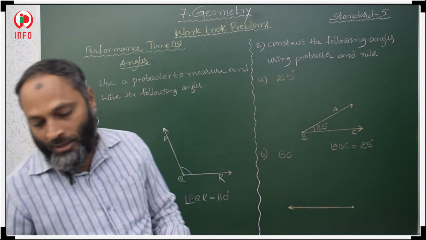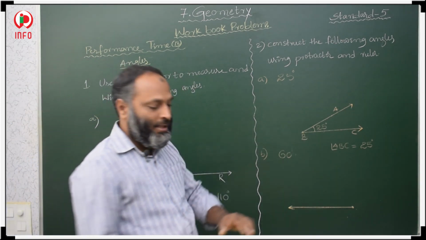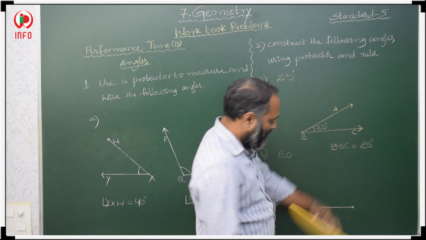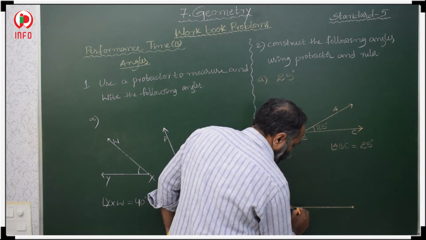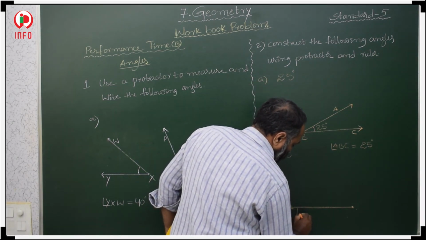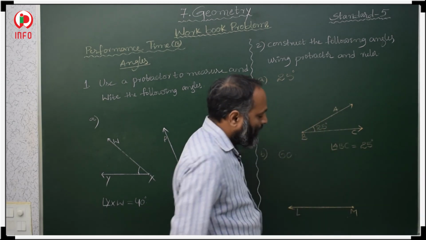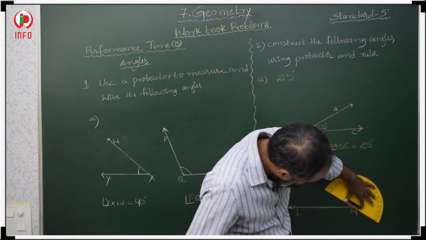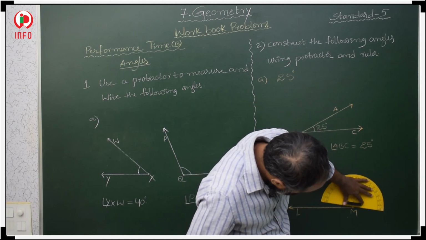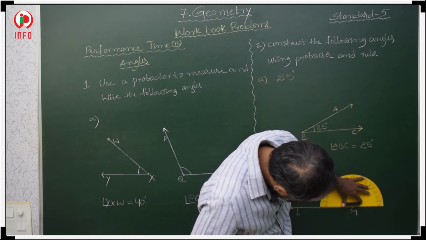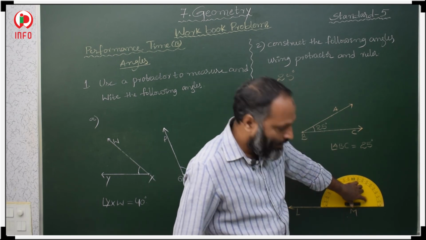Then after that, take your protractor. Any name you can take: L, M. Keep your intersection point on the vertex, and this bottom line should coincide with this ray, like this.